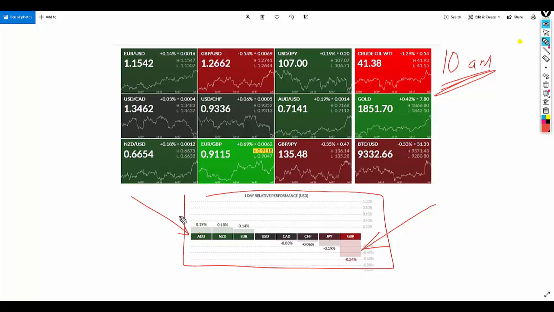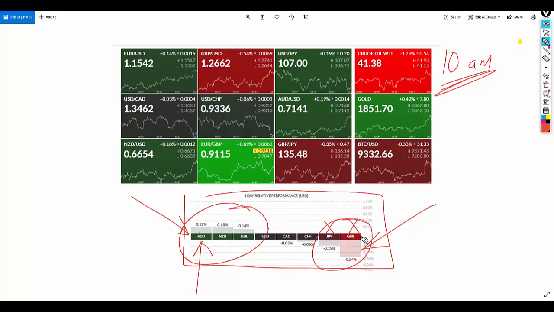But out of these, the Australian dollar is the one that has the most strength. And when I look at the currencies that are losing value, I can see that 2 currencies are losing value at the same time: the Japanese yen and the pounds. These are the 2 losing value.